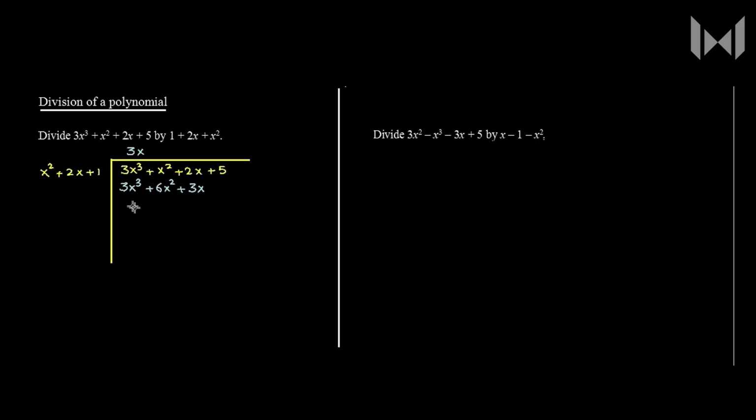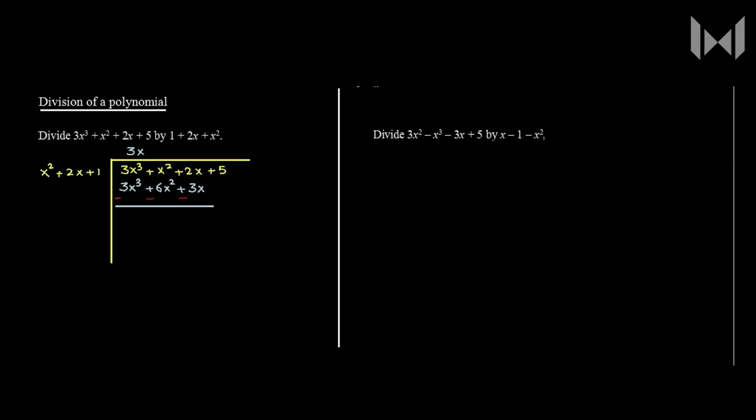Now we shall subtract, and when subtracting, we need to remember to change the signs in between, otherwise it may become confusing. Whatever the sign is, we reverse it. It was 3x cube, so we put a negative; plus 6x square becomes negative; and minus 3x.